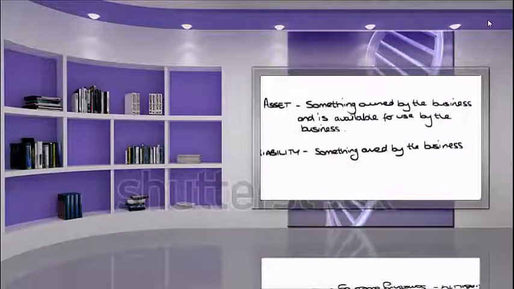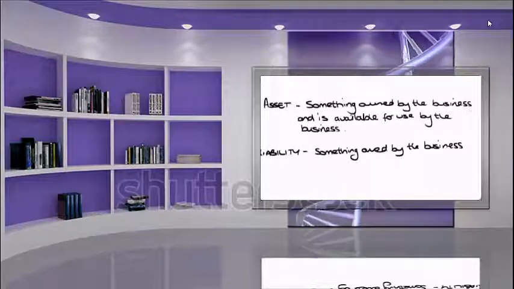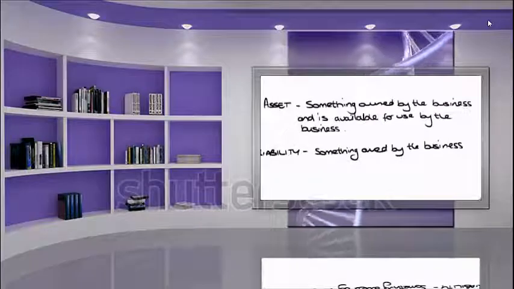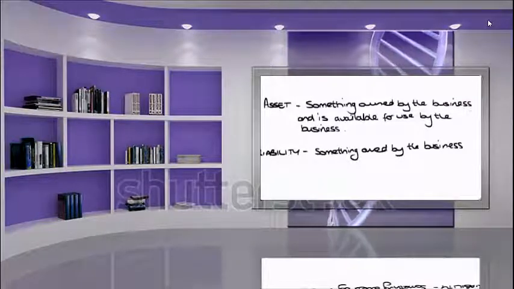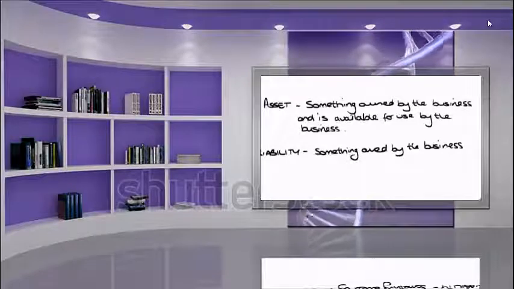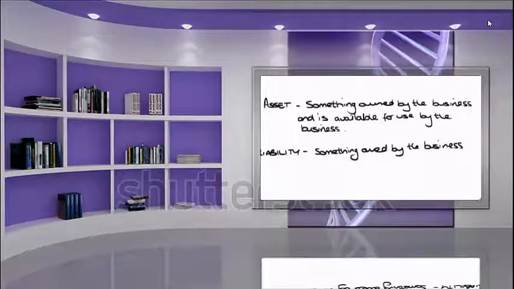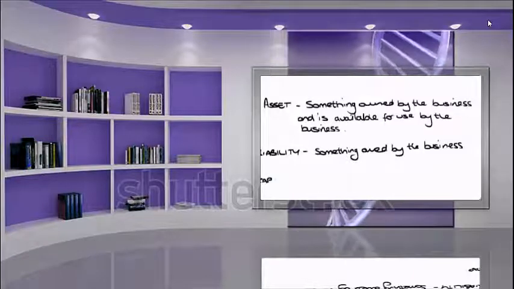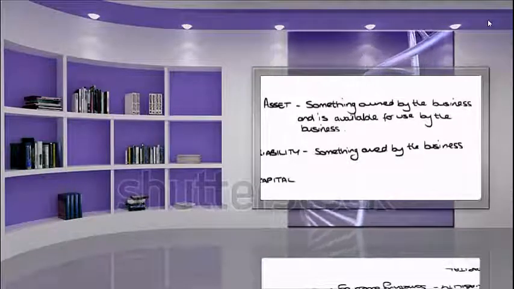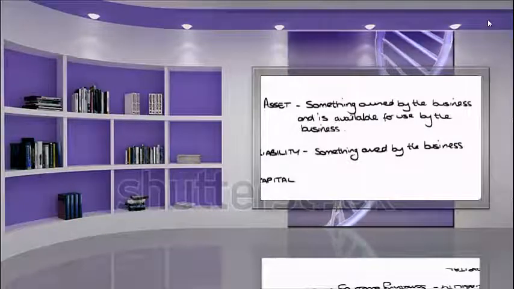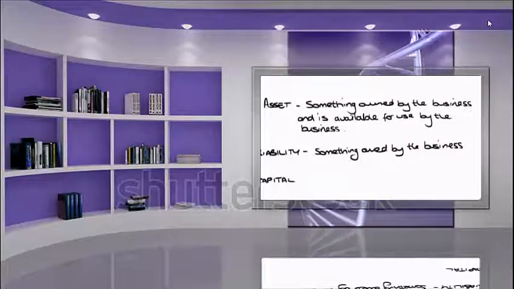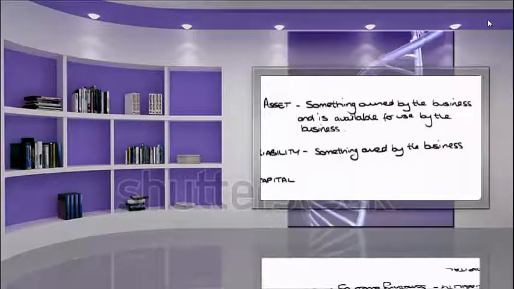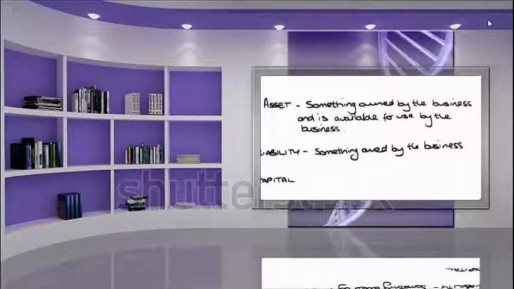So, there we have it. We have our definition for an asset and liability. They are the first two elements to the statement of financial position. Our final element is capital. Okay, capital. Now, capital is amounts invested into the business by the owners of the business, sometimes referred to as the proprietor's funds.